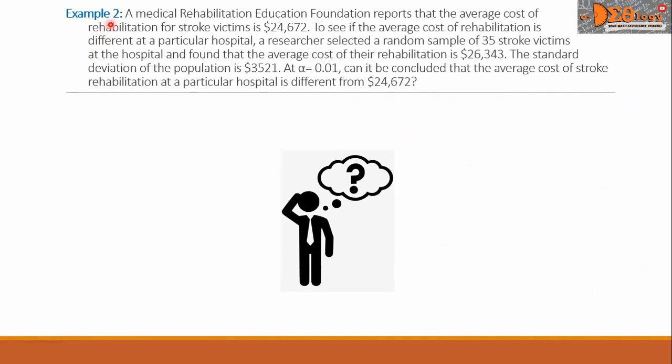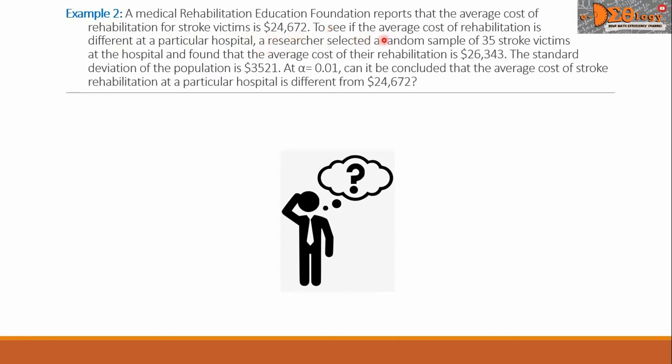Let us see example 2. A medical rehabilitation education foundation reports that the average cost of rehabilitation for stroke victims is $24,672.